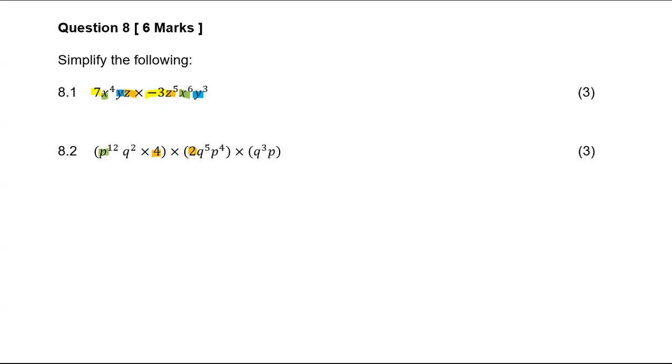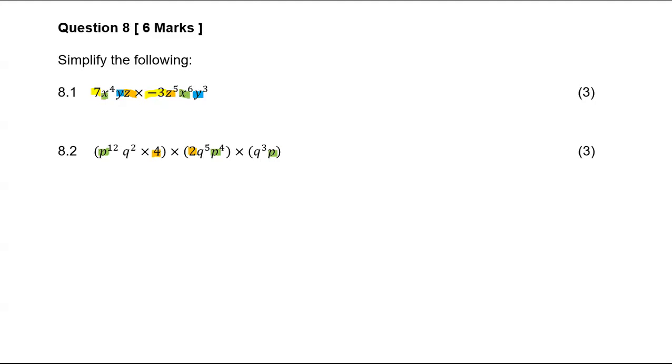P to the exponent of 12 times p to the exponent of 4 times p to the exponent of 1 will give me p to the exponent of 12 plus 4, which is 16, plus 1. It'll give you p to the exponent of 17.